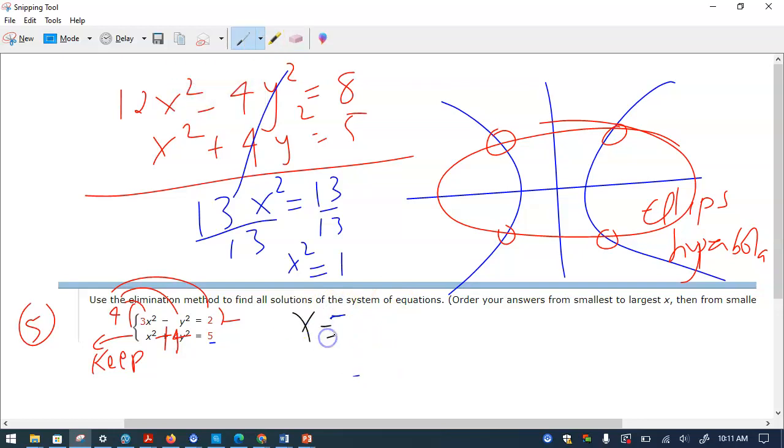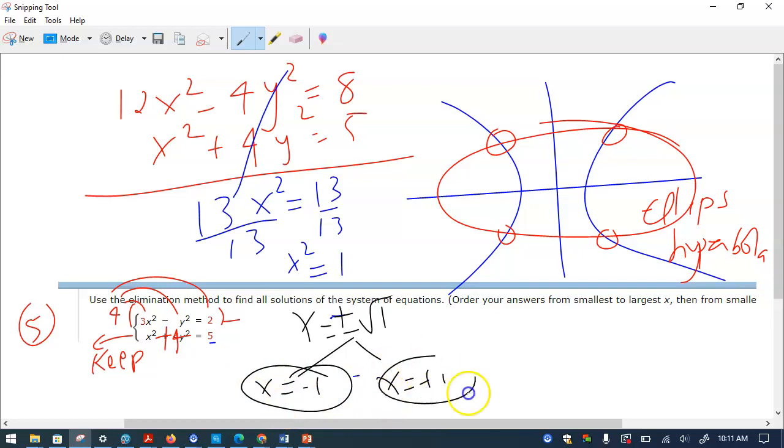So x equals plus and minus square root of 1. So the two answers are minus 1, so that means x equals 1. So this is 1, and that is also x equals minus 1. So the points here are 1 and 1, and the other one is minus 1 and minus 1. We want to know the other point.